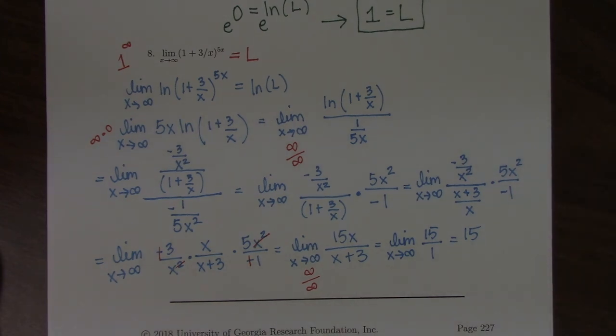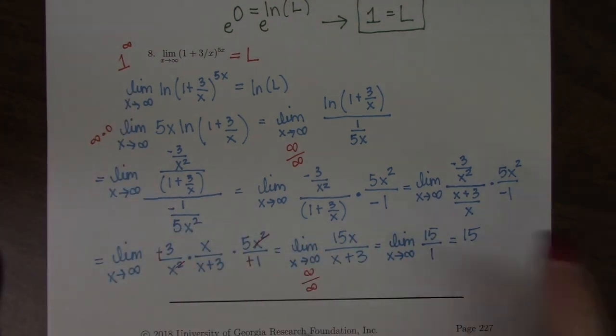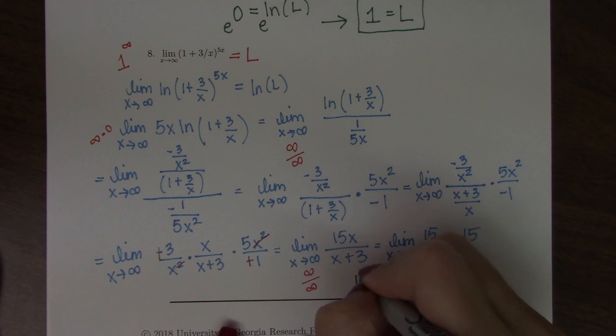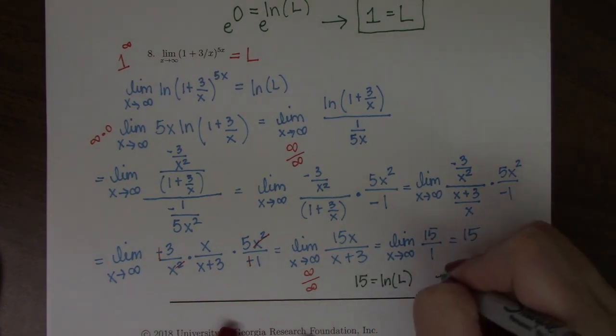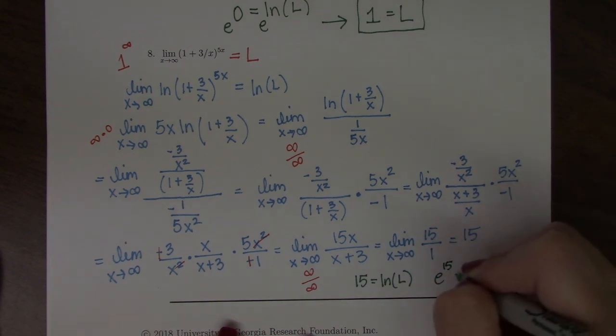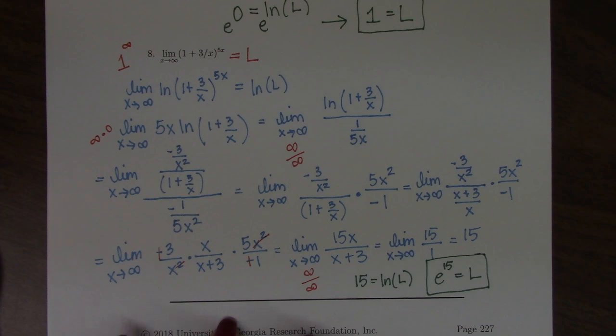But that is just the result of the left side of the limit. So, just like before, 15 equals the natural log of L. So if I raise each side over e, I get that the limit of all of this was really e to the 15th.